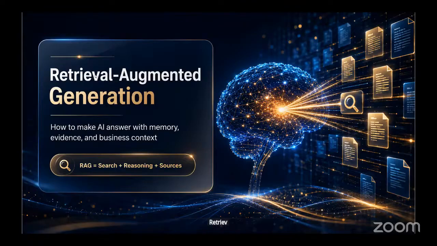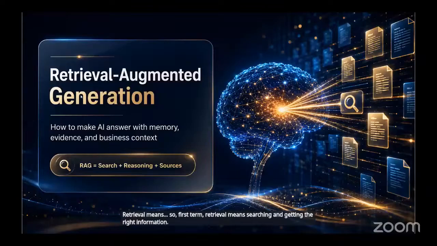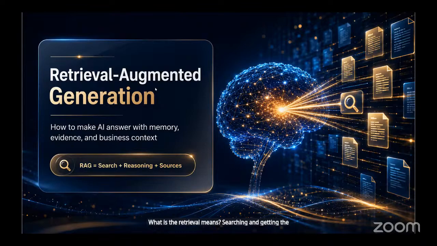Retrieval means searching and getting the right information. The term augmented means improving the AI answer with extra knowledge. Generation means creating the final response.